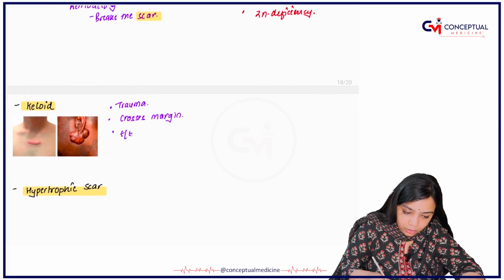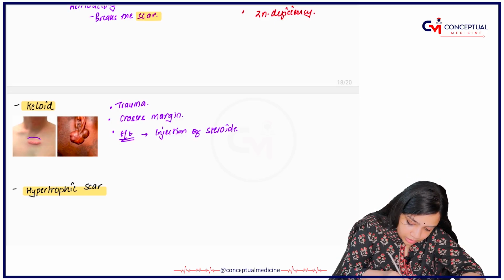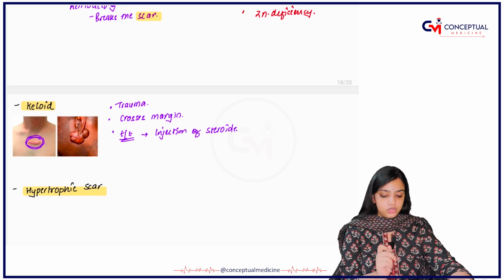The treatment is injection of steroids. In this figure, see, the chest is the most common site of keloid formation.